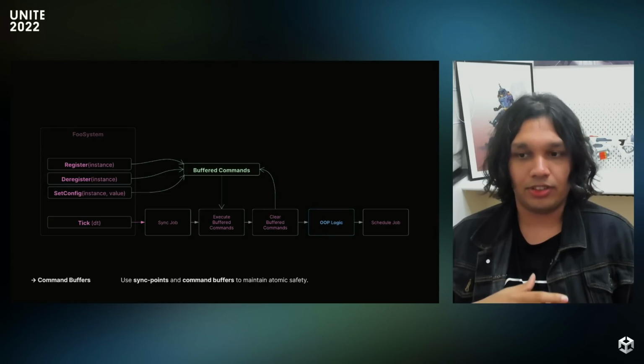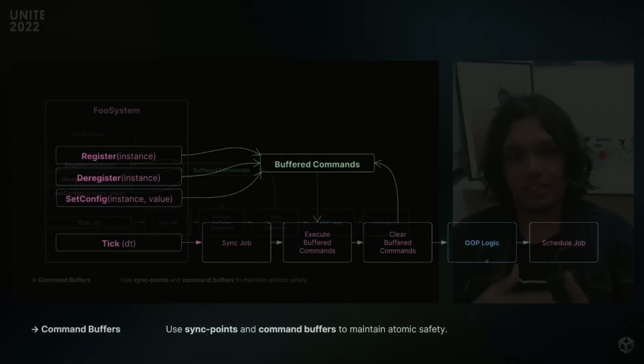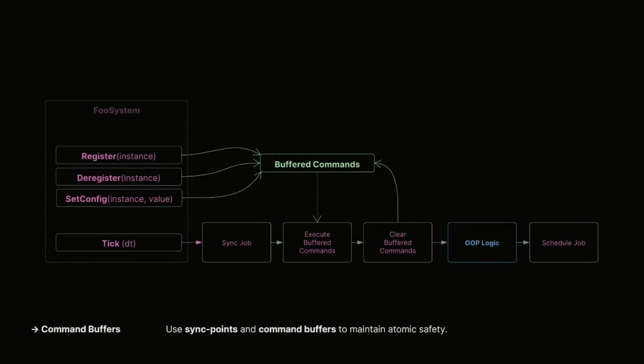And so whenever, for example, an instance registers or deregisters itself, or even tries to set its own configuration. For example, in the same whether or not the player is in range example, when an enemy's range changes, it tries to set that particular configuration value. It tells the system that its range has changed.